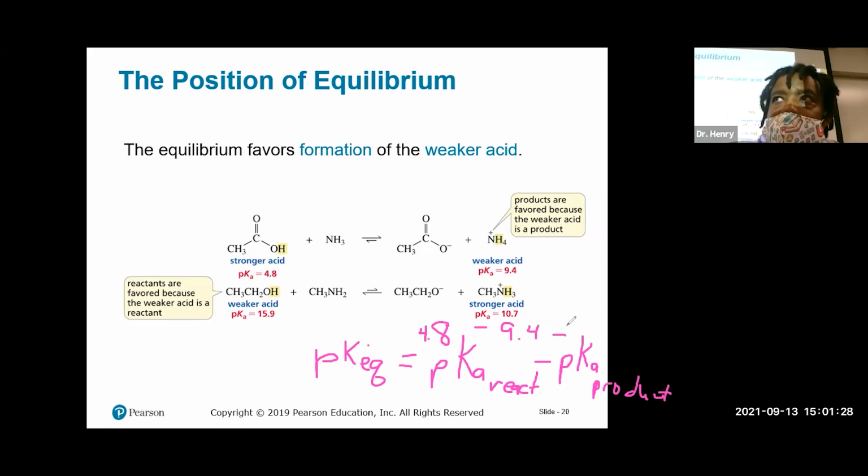This guy gives us a negative value. What is that? So that's negative 4.6.